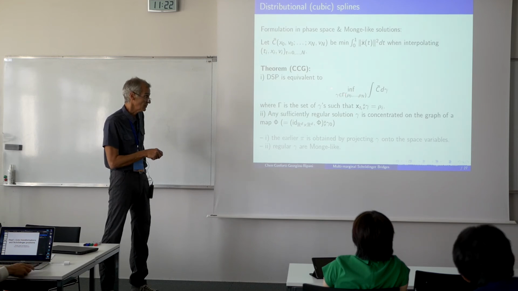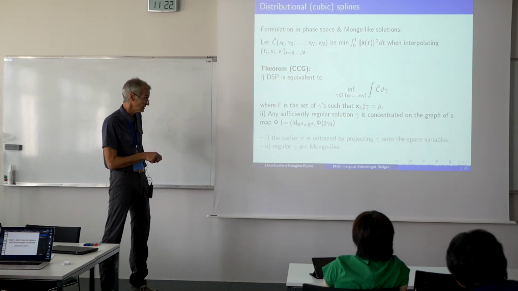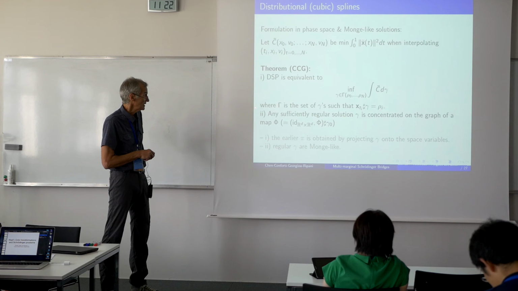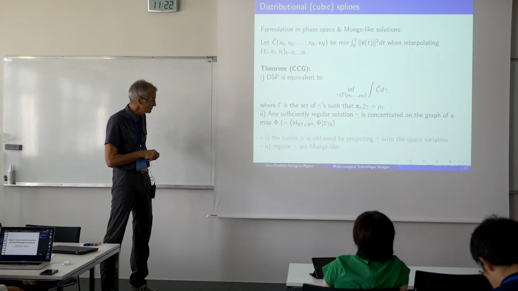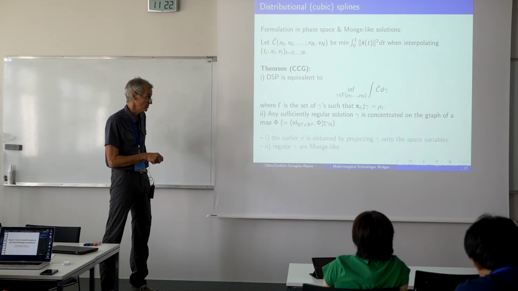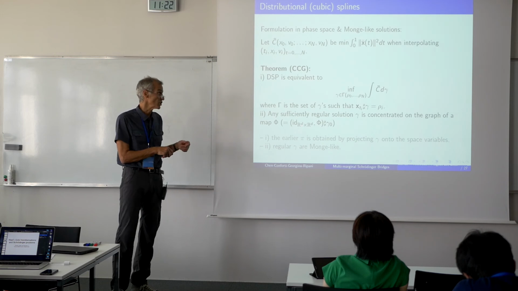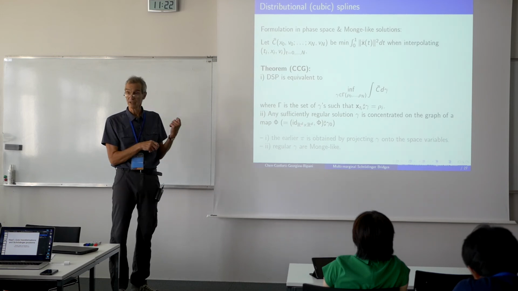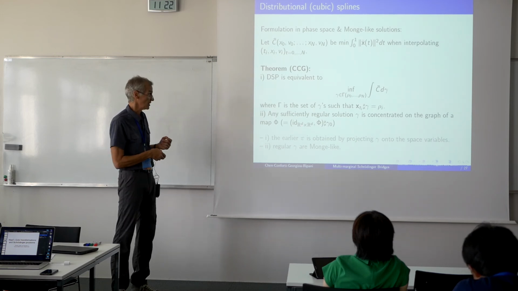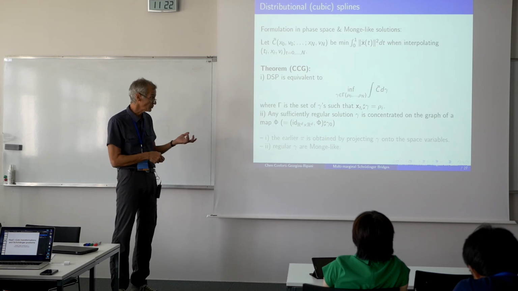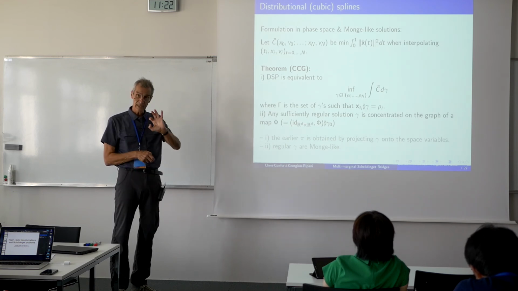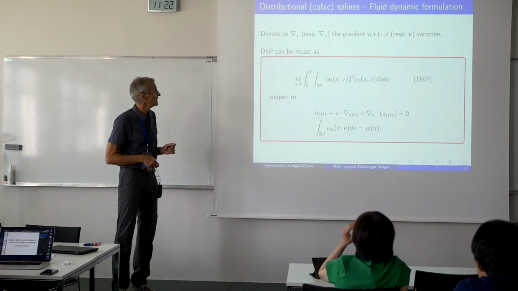So again, you can formulate it like that, with marginals being this, and is equivalent to that. And you can prove that any sufficiently regular solution is concentrated on a graph. So it's like you have Monge-like solutions, but you have to lift it to the products of positions and velocities. Monge-like meaning that you have a map, actually, that moves the beginning distribution to everything else.